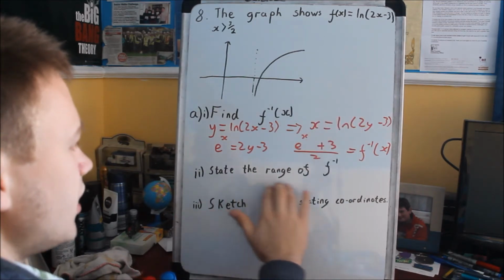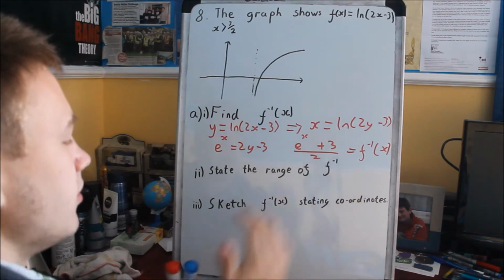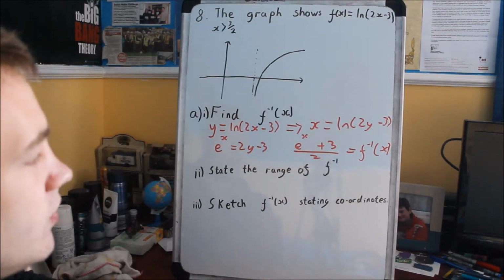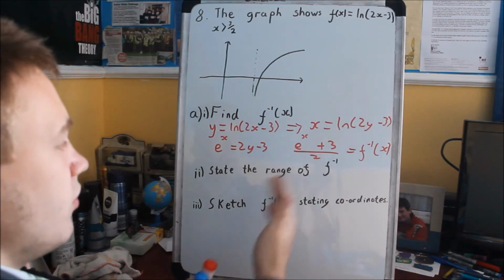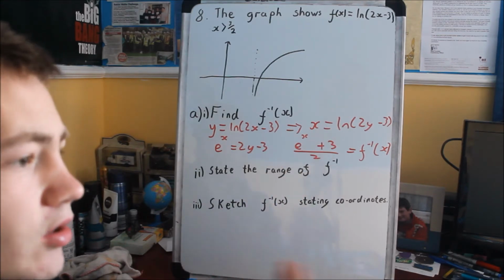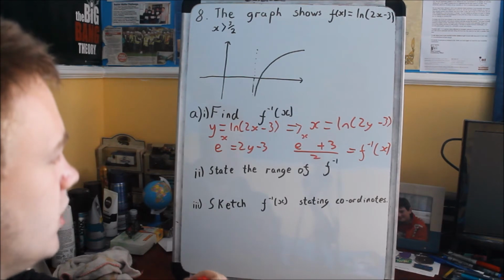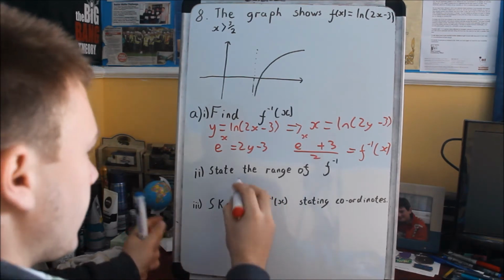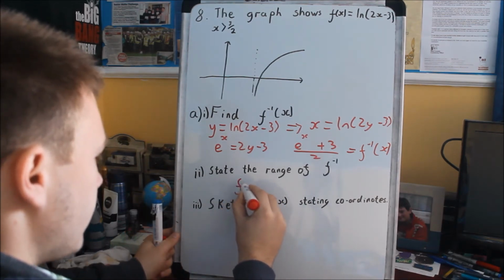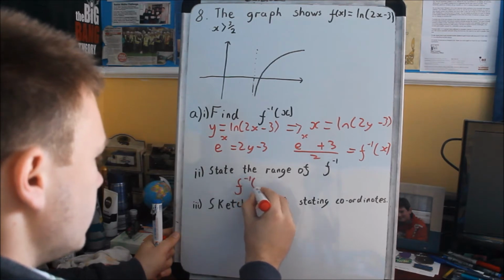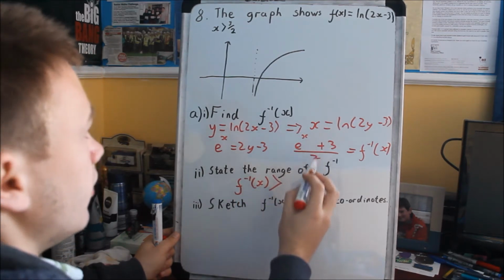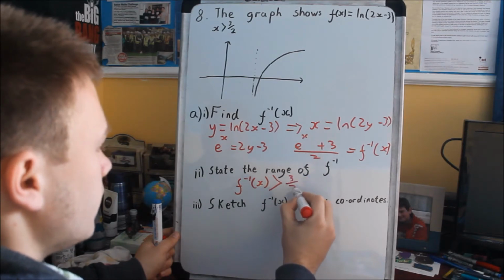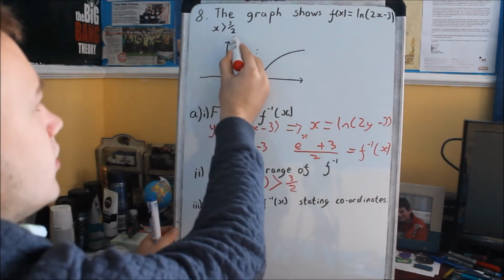So part 2, state the range of f to the minus 1. So the range of the inverse. Now you should know that the range of the inverse equals the domain of the original. That's normally true. So f to the minus 1 of x is greater than 3 over 2, because that was in the question.